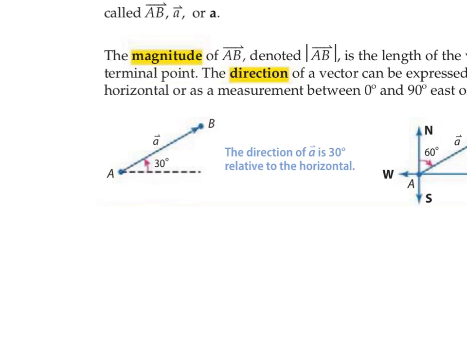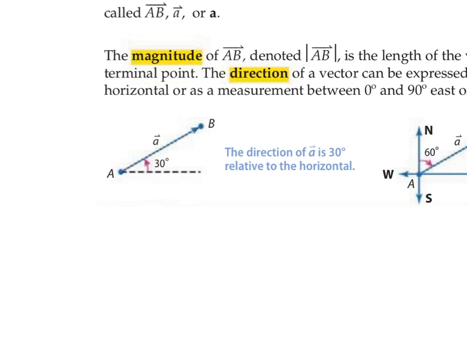So the direction of vector A is 30 degrees relative to the horizontal. If we just had a regular horizontal line and we used a protractor and measured out a 30-degree angle, that vector, vector A, would be 30 degrees. That would be the direction of the vector.